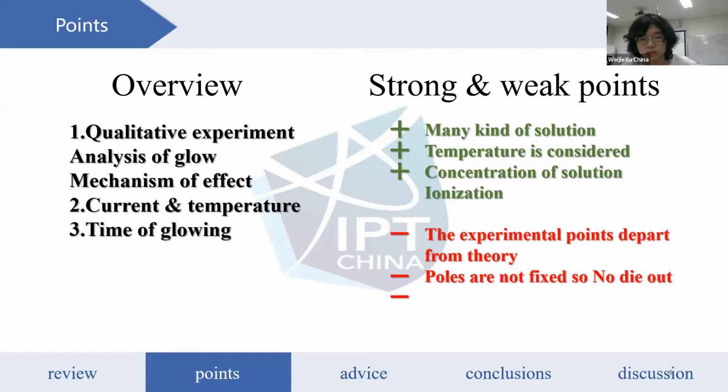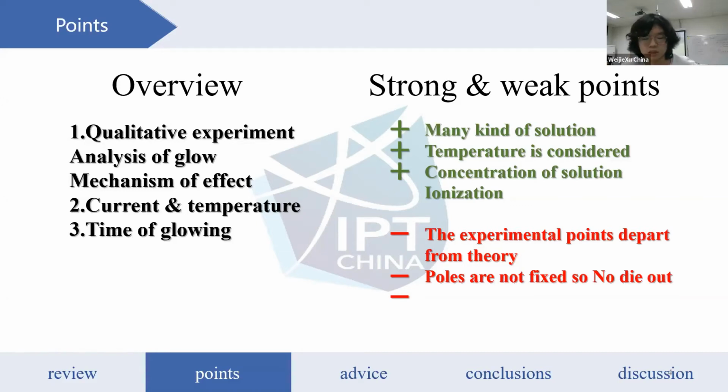Then they analyze the concentrations of the solution and the ionizations. And then I think there are some weak points in the report. First of all, the experimental points depart from the theory.